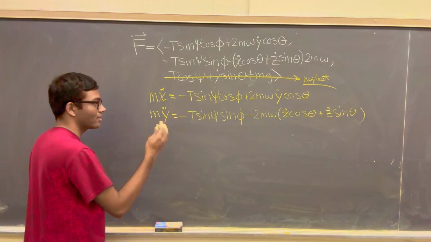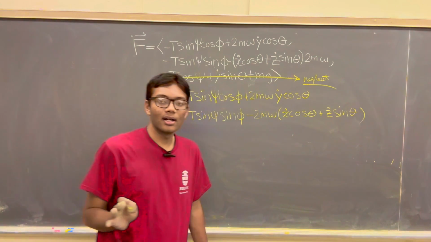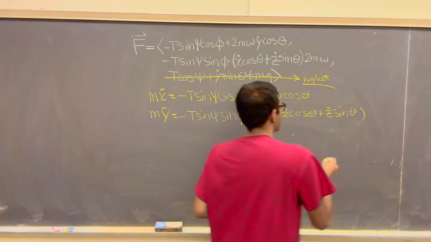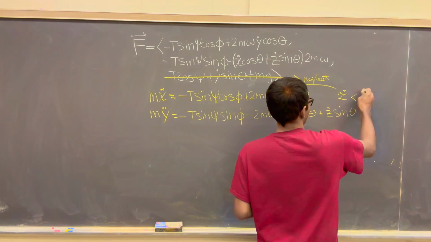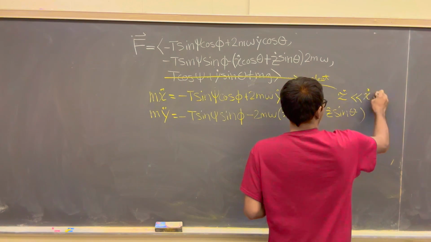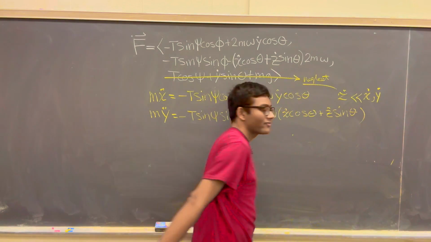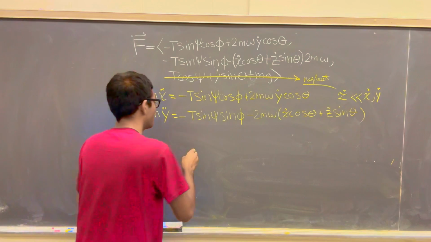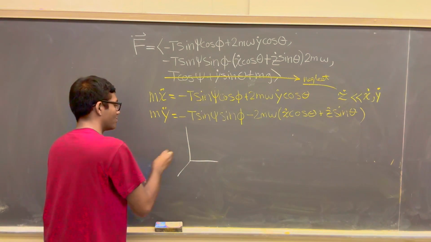And I'm not going to write down z double dot because I'm neglecting to look at the oscillation in the z direction. To justify that quickly, under small oscillations, the amplitude of z dot is much less than x dot or y dot. You can think of that physically as saying that when the oscillations of the Foucault pendulum are small, then it does not really move in the z direction.